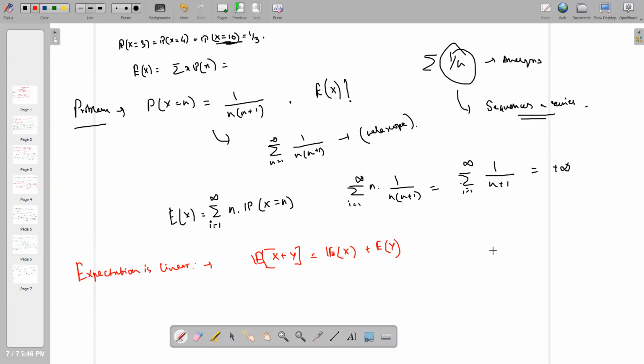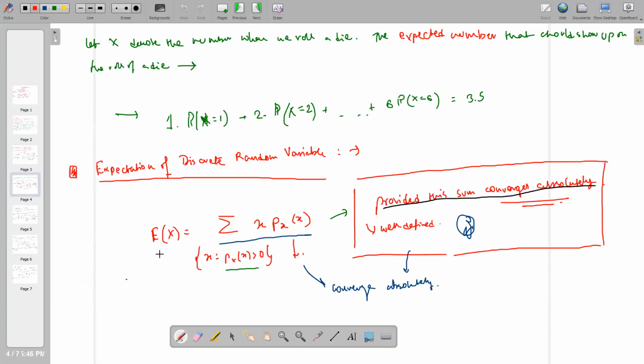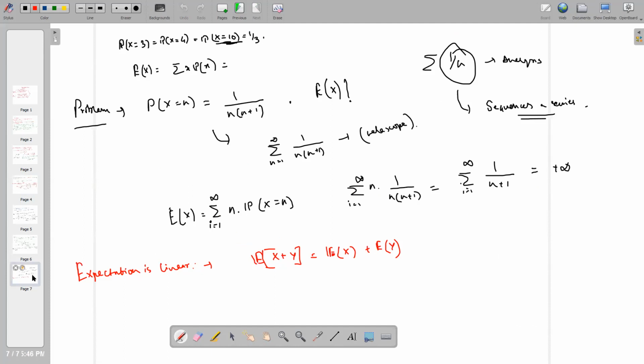In order to prove this, we need a slightly different notation for expectation. Right. So we defined expectation how? We defined expectation using the PMF. Right. Now let us define expectation like this.